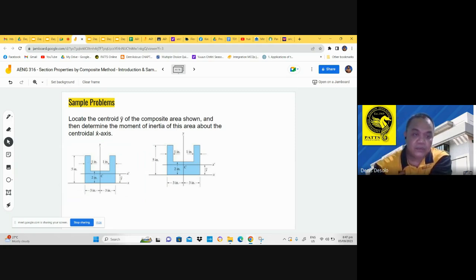If you choose to have this rectangle, we will have two identical rectangles. So if I use this as my first, second, and third part, that is the initial idea on how you're going to divide this cross section into a series of rectangles. So there are three, and that's one way of dividing the cross section.